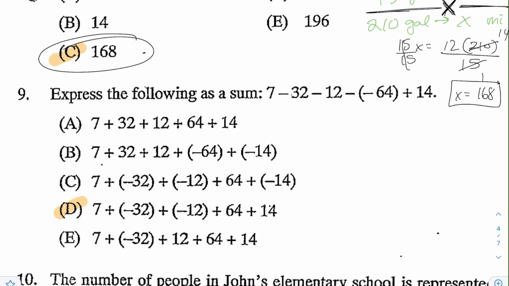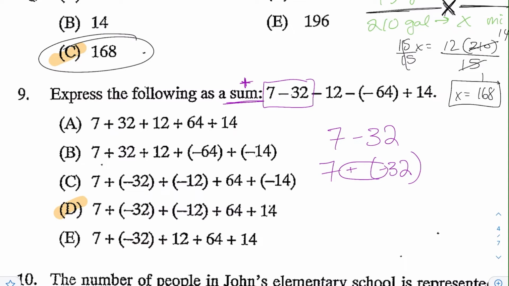Next for number 9, you want to express the following as a sum. So here you have some negatives. Just want to make sure they are all sums. So, for example, instead of rewriting 7 minus 32, you can think of this as 7 plus negative 32. Normally, when you add a negative, you simplify this by just subtracting, because when the signs are different, it turns into subtraction.